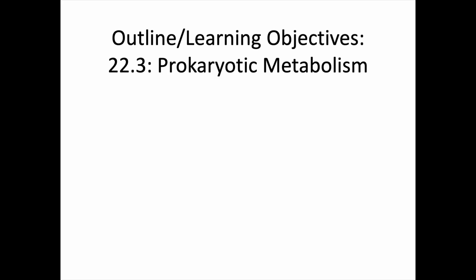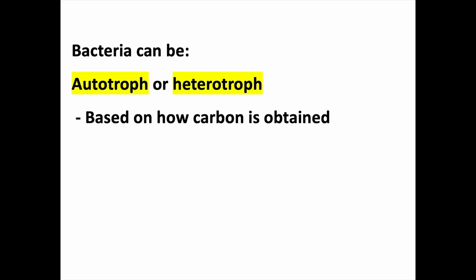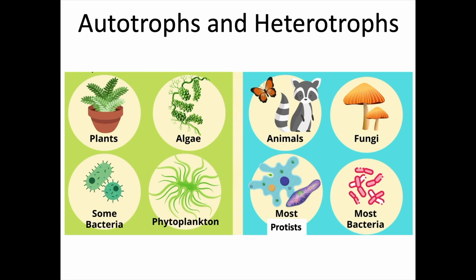All right, let's talk about metabolism now. Let's talk about energy usage. So bacteria can be, these are a couple of key terms back from BISC1323, but this is some good review here. Bacteria can be autotrophs or heterotrophs, and you may remember this slide.